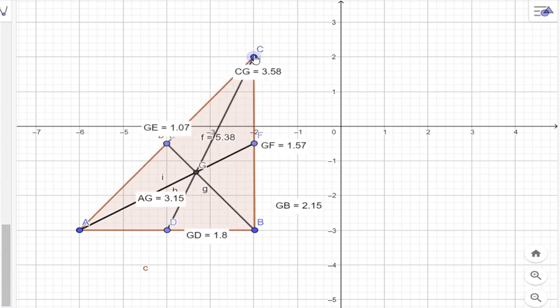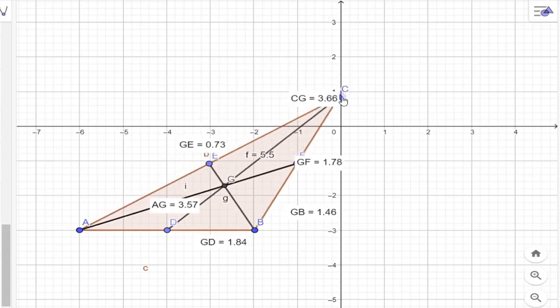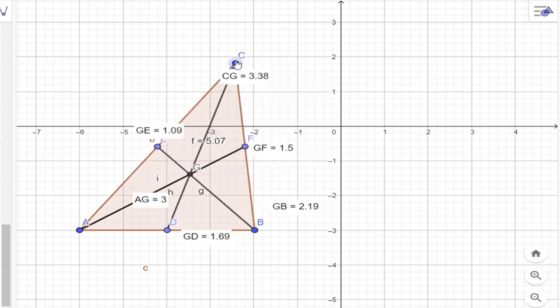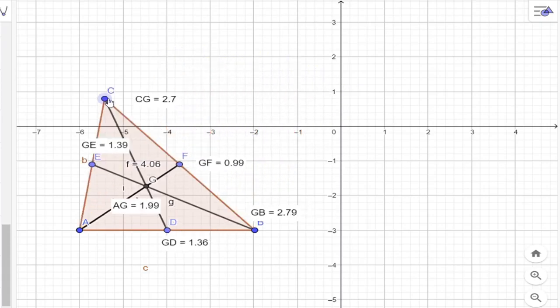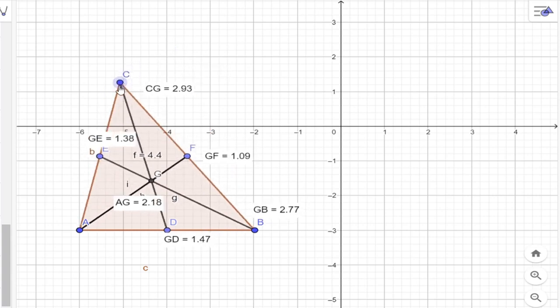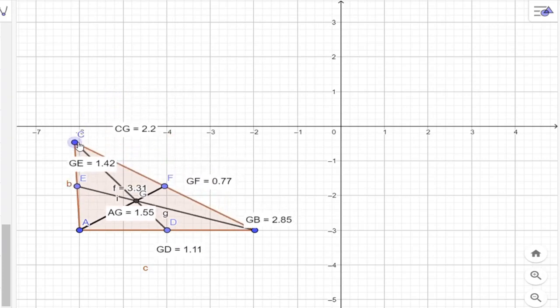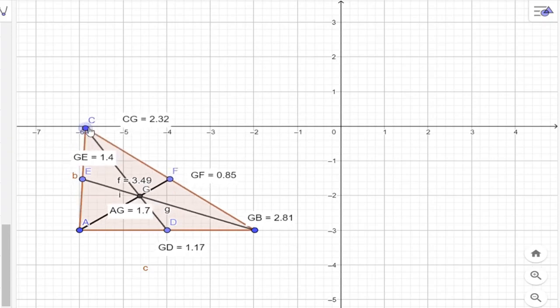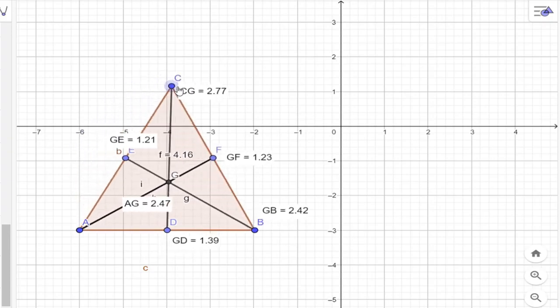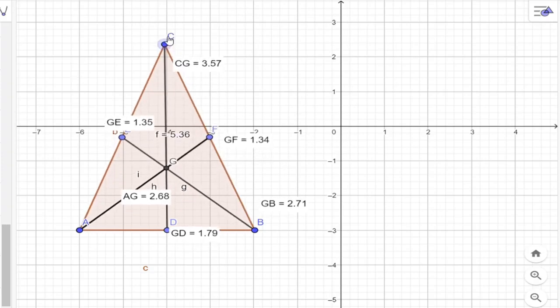As the position of C changes, we get different types of triangles. You see that G always lies inside the triangle. We also observe that all three medians are concurrent lines. The distance from the vertex is always double the distance from the centroid to the midpoint.